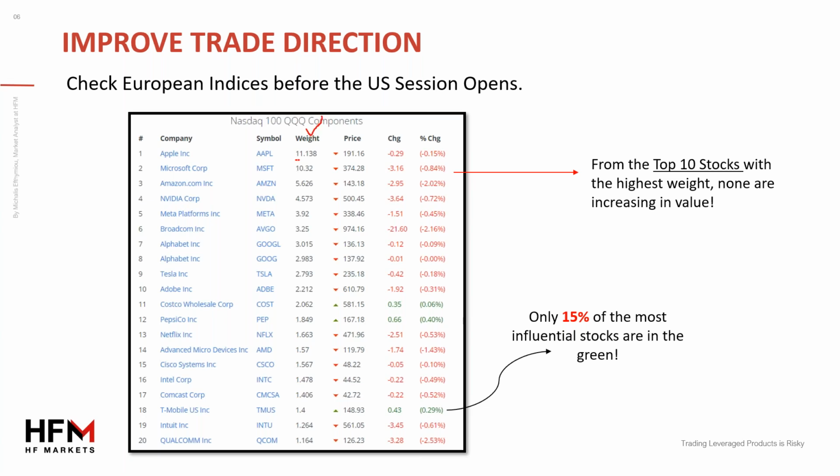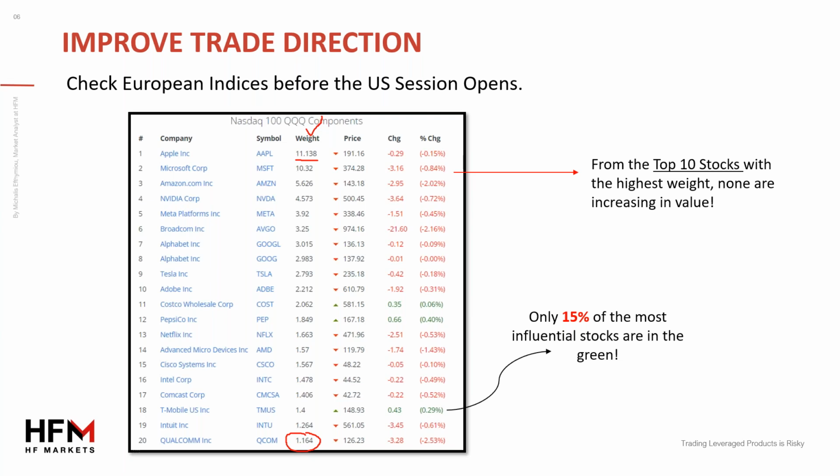So 11% of the 100,000 is made up of Apple stocks. Whereas if you look at the 20th most influential stock, Comps, down here, it's only 1.16%. So out of the 100,000, only 1,160 is invested in Comps, whereas we've got more than 11,000 invested in Apple.